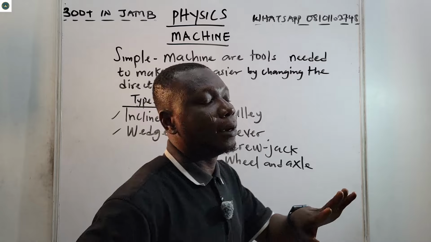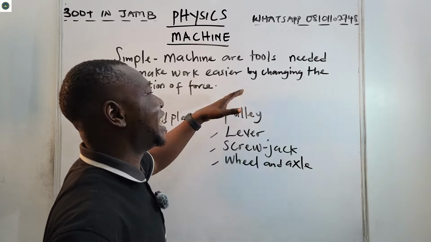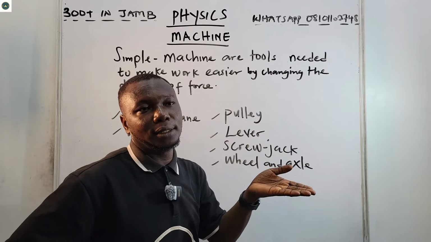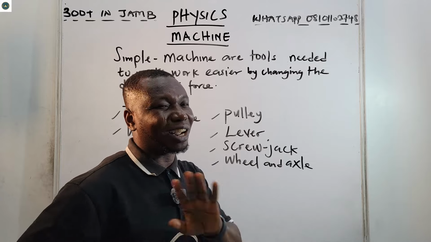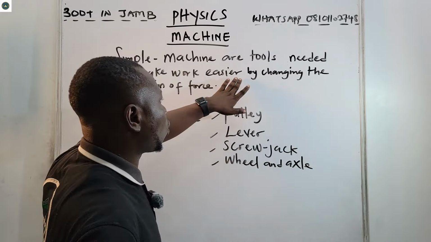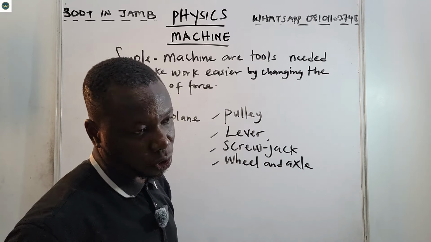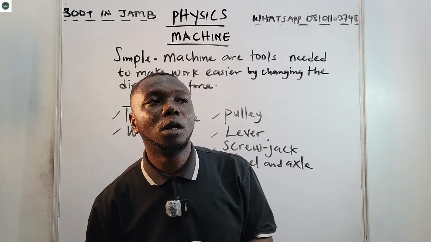So machines are tools needed to make work easier, more convenient, more efficient, without stress, with ease. So they make work easier by changing the direction of what? Of force.